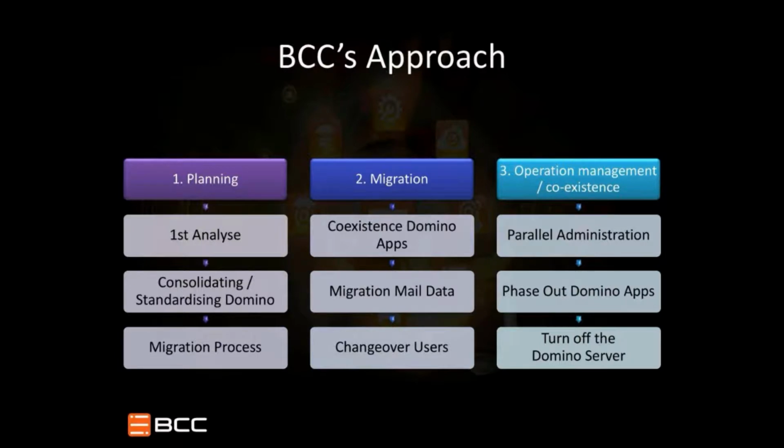And then we talk about operational management and coexistence. And what do we mean by that? It's about making sure that while you're getting your application base slimmed down and migrated out, you can actually still use the applications.